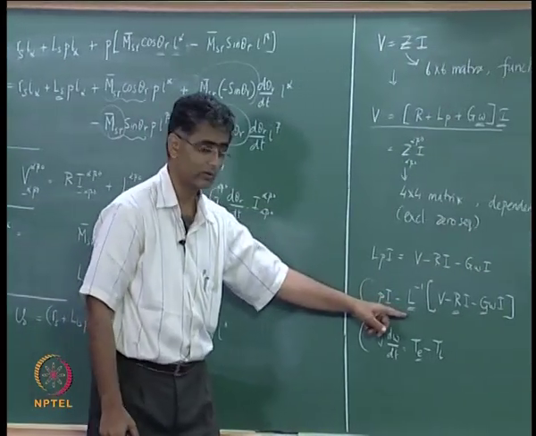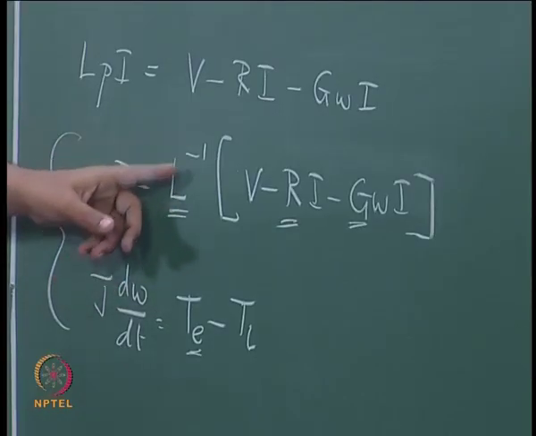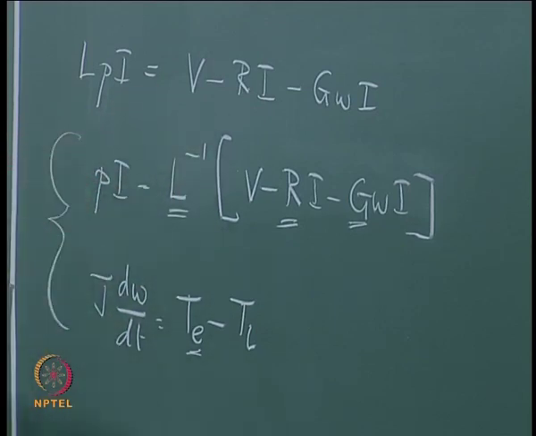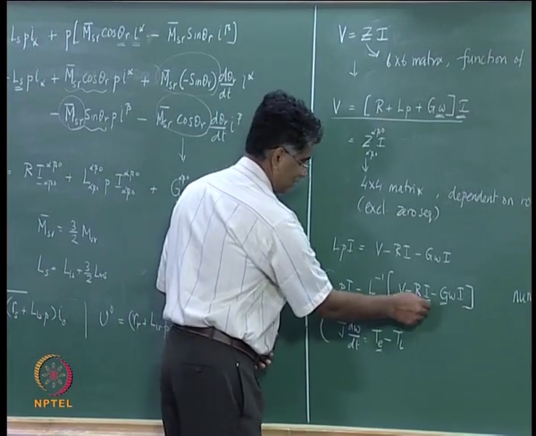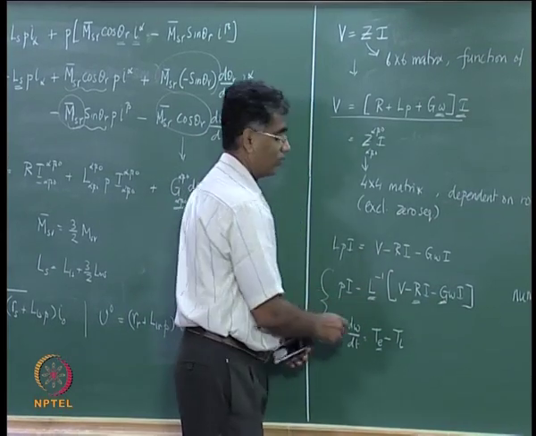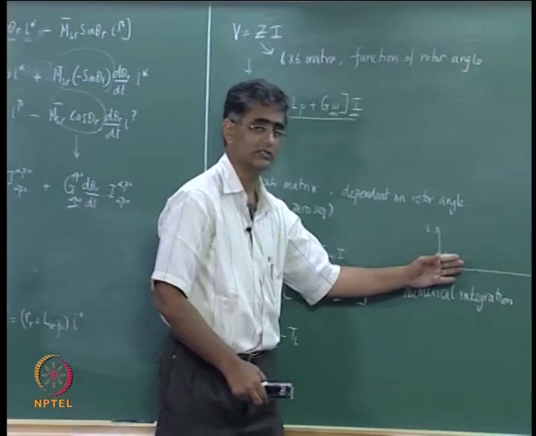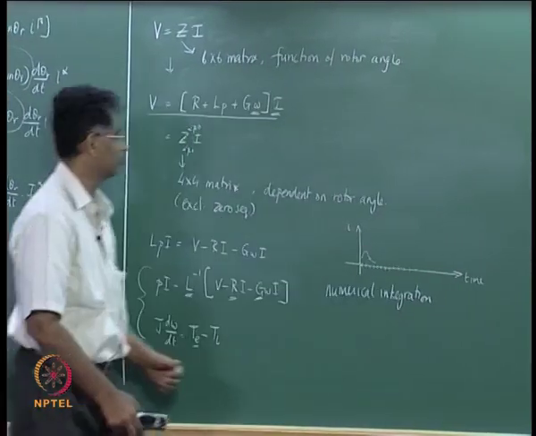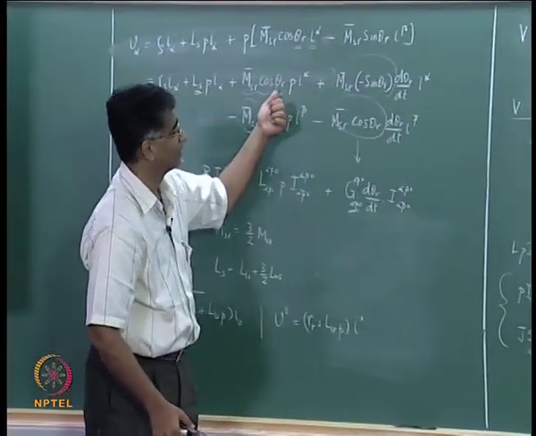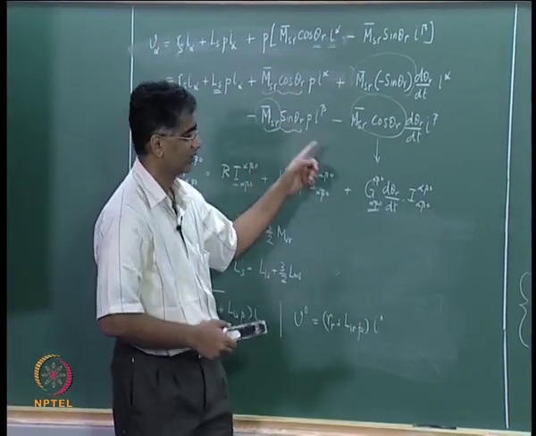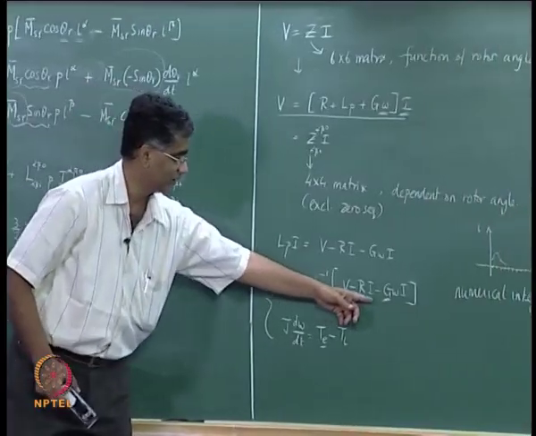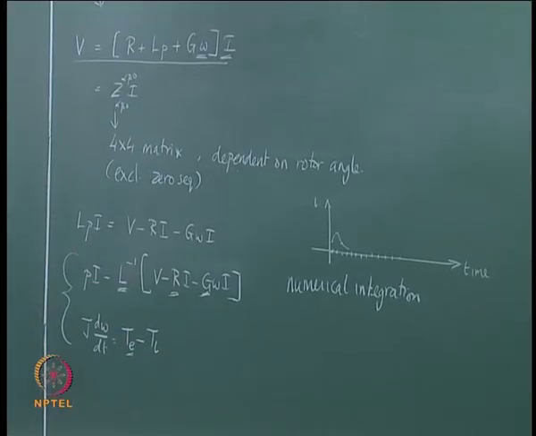Inductance matrix is again not going to be a fixed matrix because it depends on the rotor angle, and for the inductance matrix you have to compute either the inverse or do something in order to get the solution, and therefore evaluating the solution is going to be a difficult job, because these G and L are going to change at every instant. At every instant they are going to change, because as the rotor rotates, the rotor angle obviously is going to change, and therefore L matrix and G matrix are changing with respect to time.